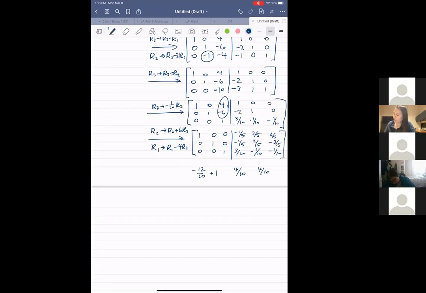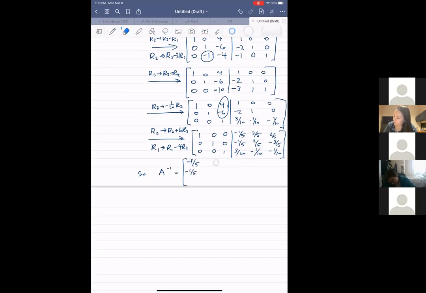Okay, and hopefully no mistakes have been made. But this would be your inverse. A inverse is just this stuff on the right: -1/5, 2/5, 2/5.